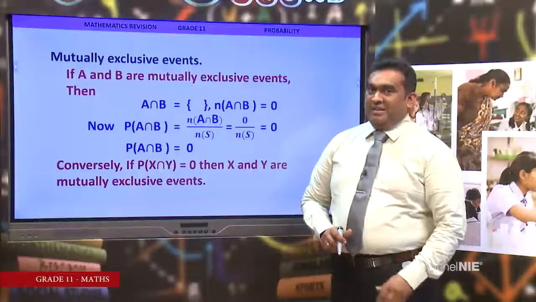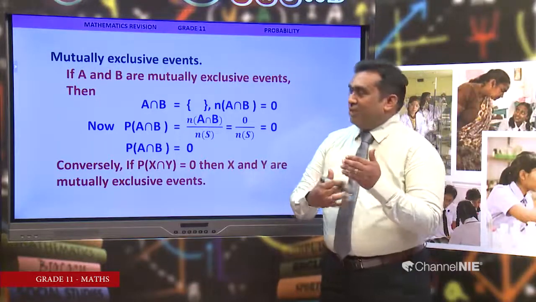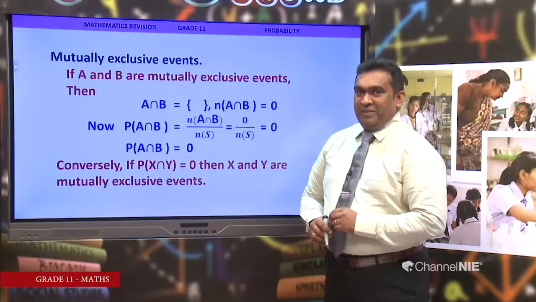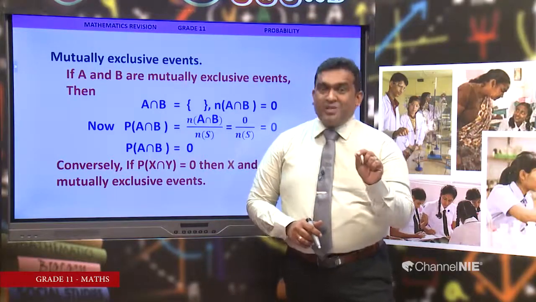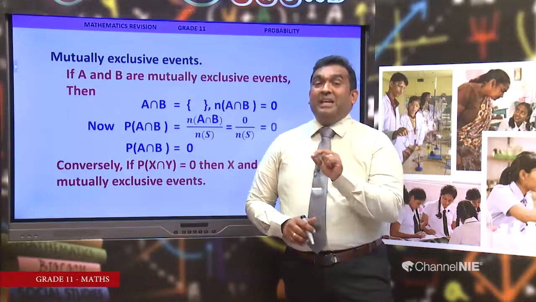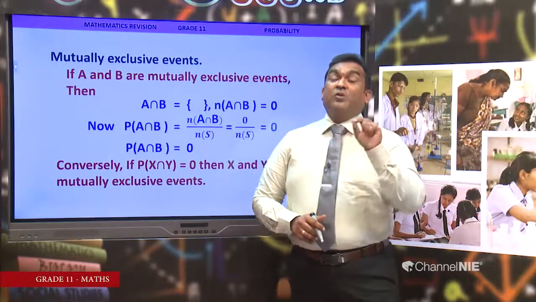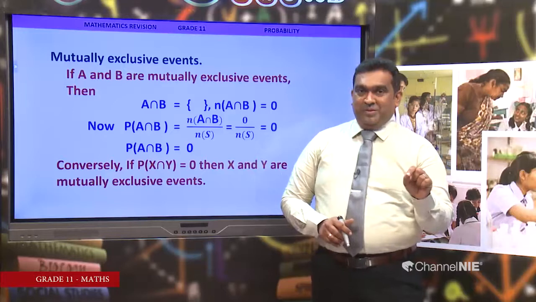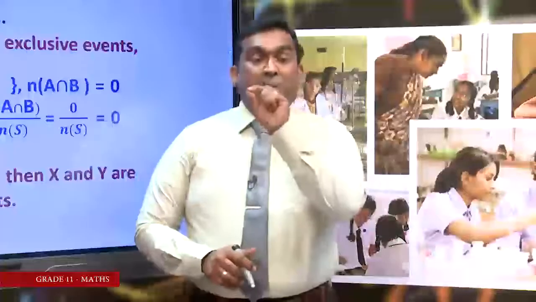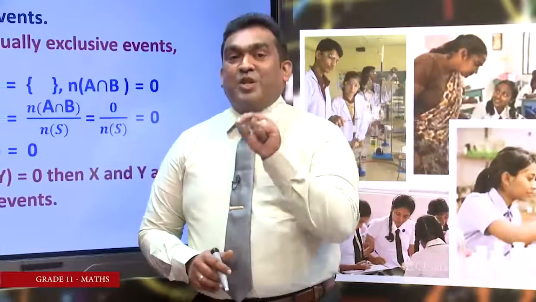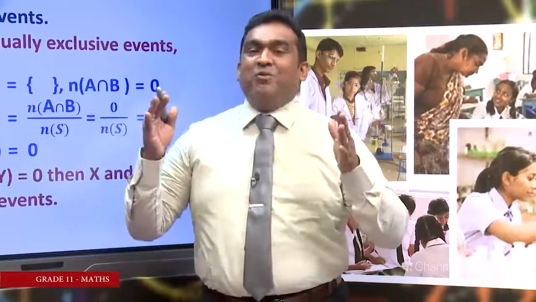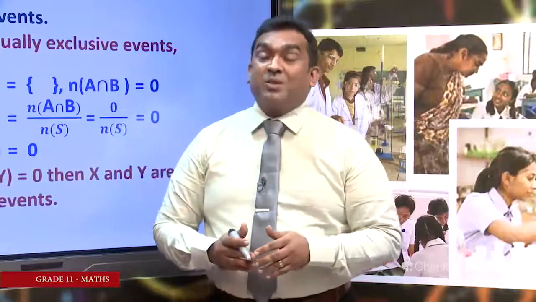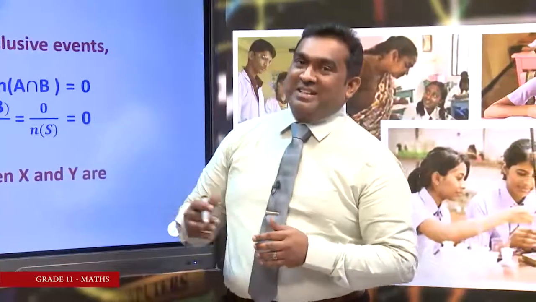Right? This is the opposite situation of this one. If A and B are mutually exclusive, then P(x intersection y) goes to 0. Conversely, if P(x intersection y) is equal to 0, you know that x and y are mutually exclusive events.